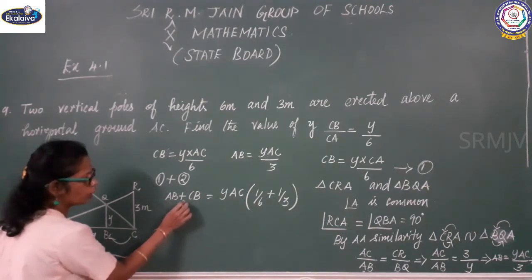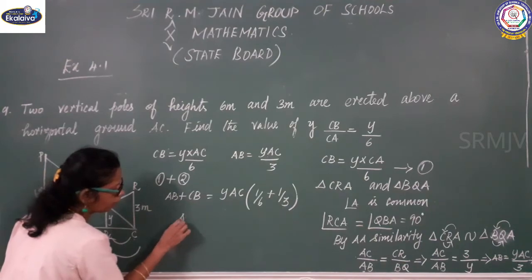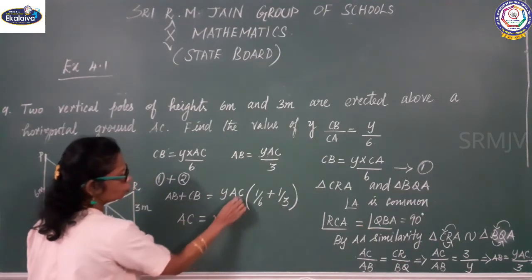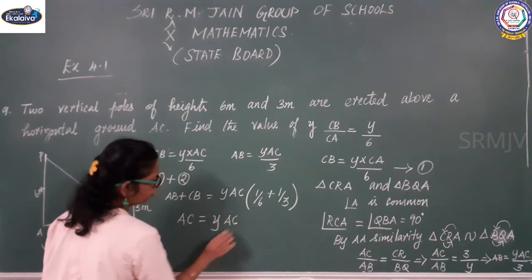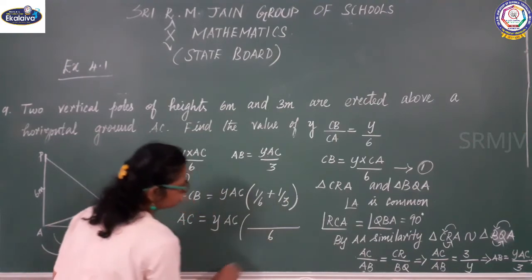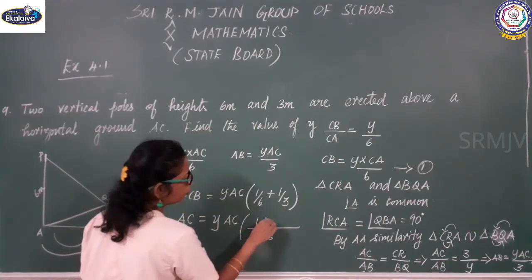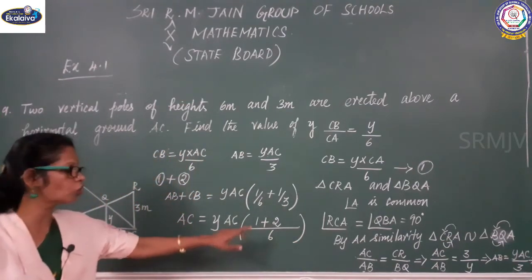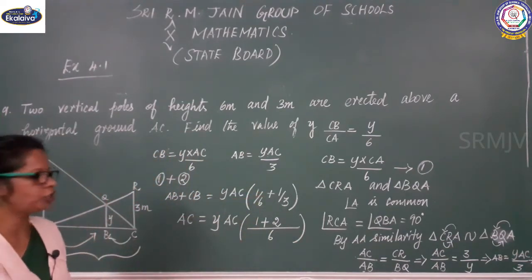Now I told you AB plus BC is nothing but AC equal to Y into AC. Now you are going to take LCM in the bracket, that is 6. 1 plus 2: 3 appears 2 times in 6, so you have to multiply your numerator by 2.